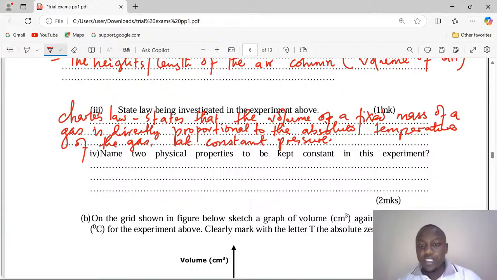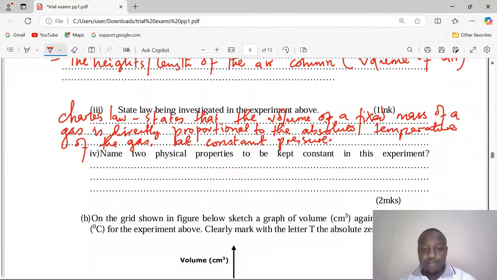So at this point, I must advise students to ensure that they are talking about absolute temperature, because when you just say temperature, you're going to be wrong. You're seriously going to be wrong. You'll be penalized, and that is not good. So we're supposed to safeguard our marks by ensuring that we deliver what is required in the papers by the examiners.